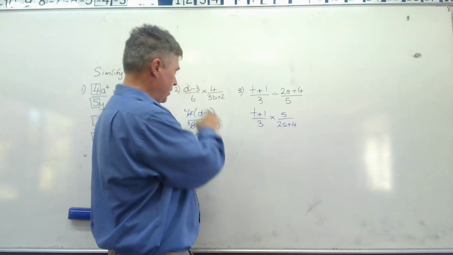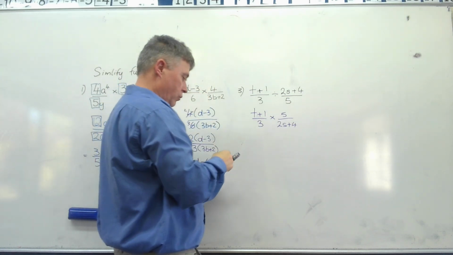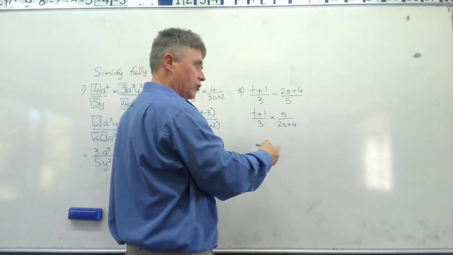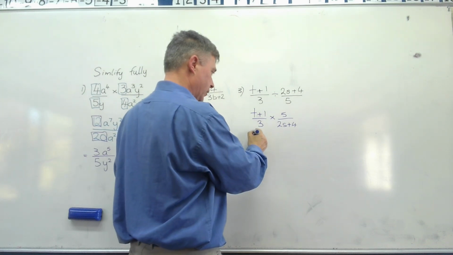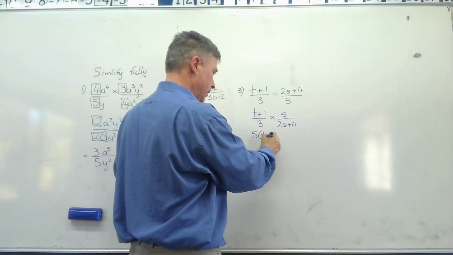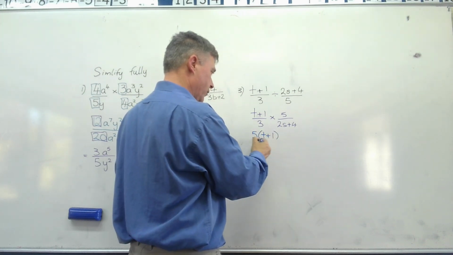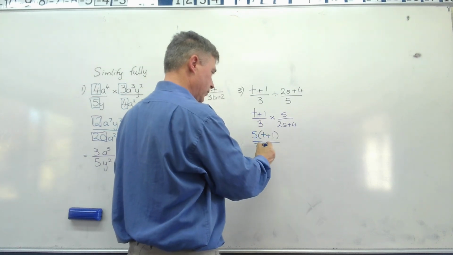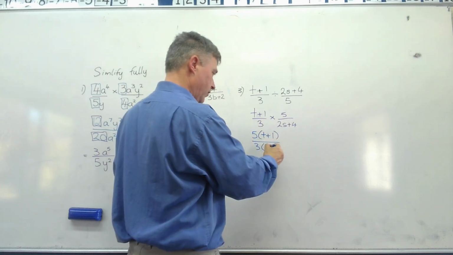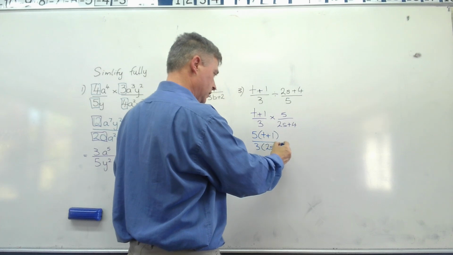And now it's a similar problem to this. And we'll just multiply out the top, the numerator, and the denominator. So we're going to have 5 times t plus 1 over 3 times 2s plus 4.